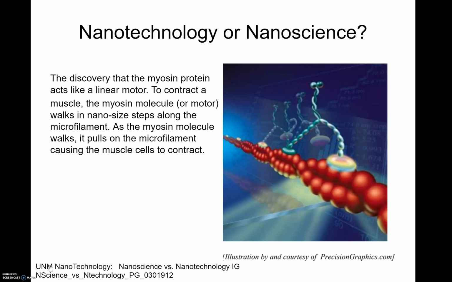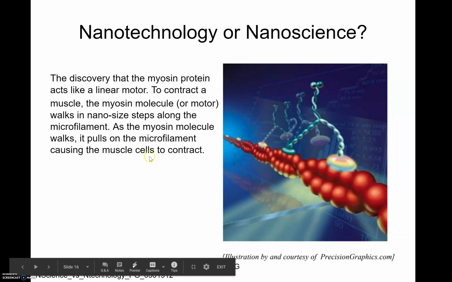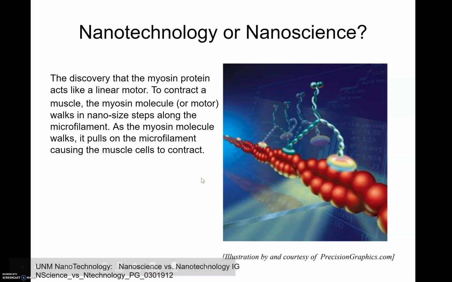What about this one? The discovery that the myosin protein acts like a linear motor. So a protein is a molecule. Here's a myosin protein, a molecule, right? Acts like a linear motor. To contract a muscle, the myosin molecule walks in nano-sized steps along the microfilament.